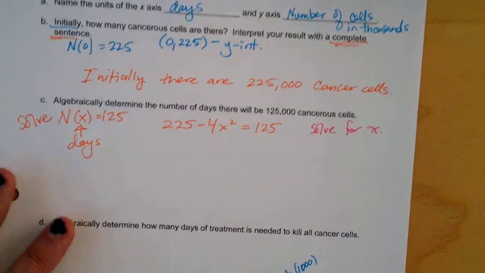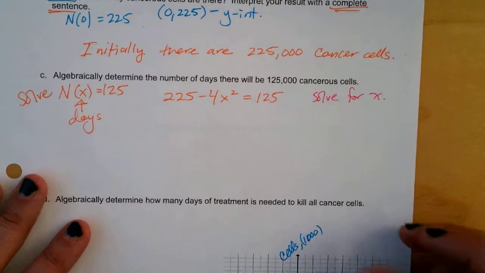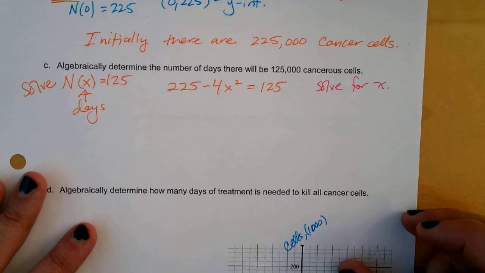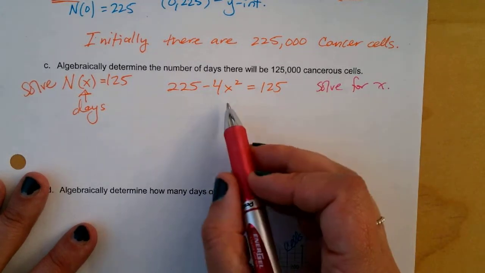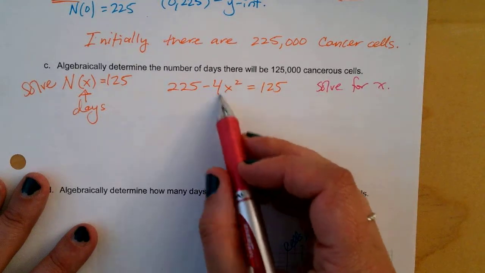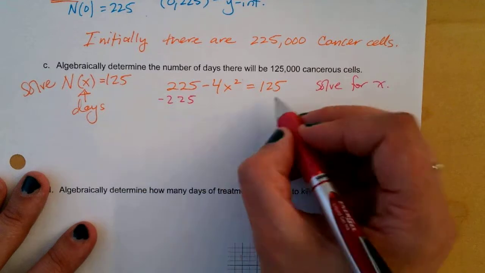So what could you do to get x by itself? What method of solving would you want to use? Solve by factoring, quadratic formula, or square root. Why is square root so convenient here? Yes. You can isolate x squared.